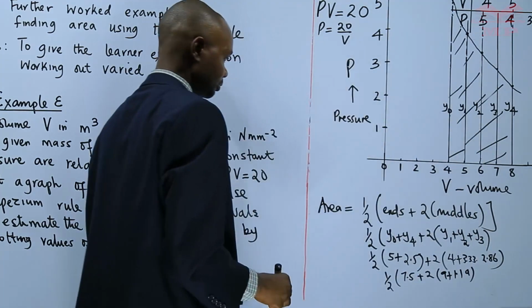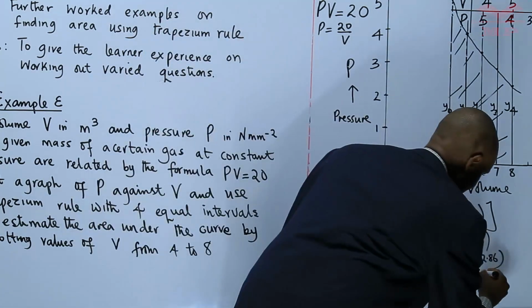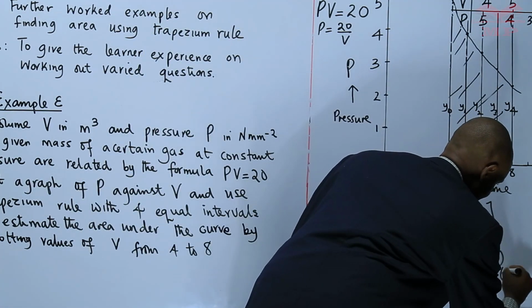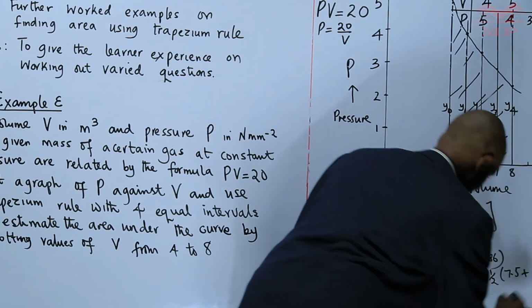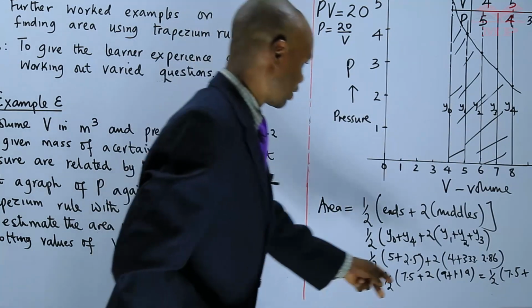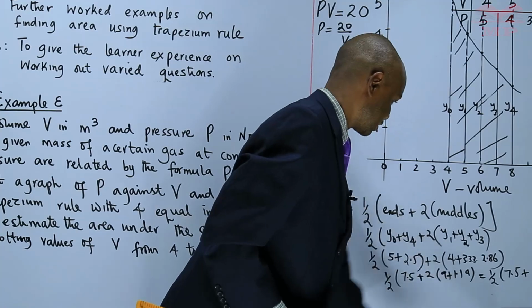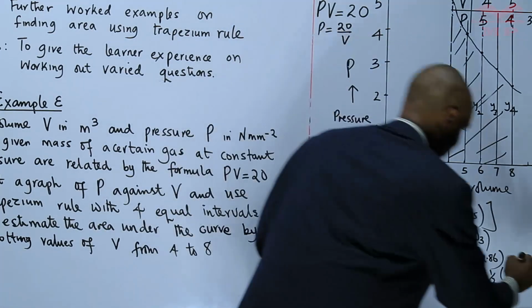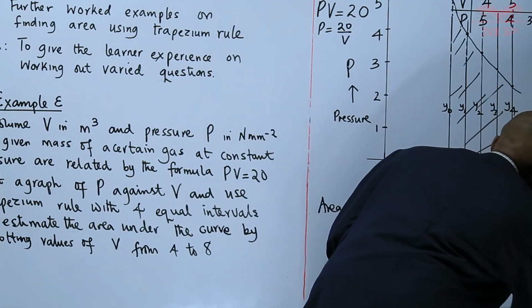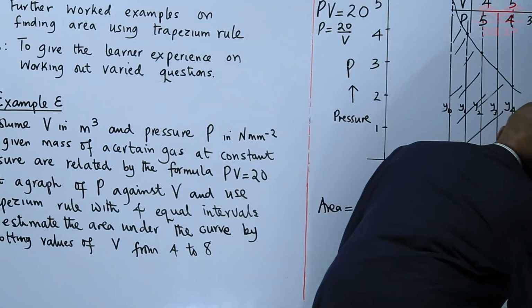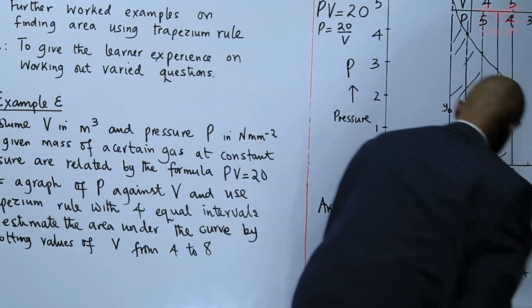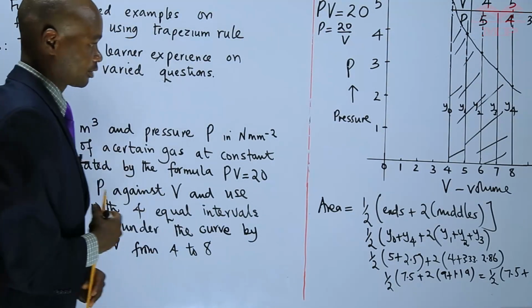1.19. So it still works to a half into 7.5 plus, this will work to 10. 9 plus 1 is 10 into twice 10.19. It works to that.